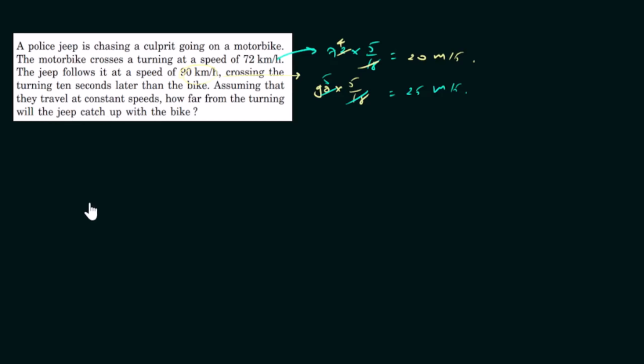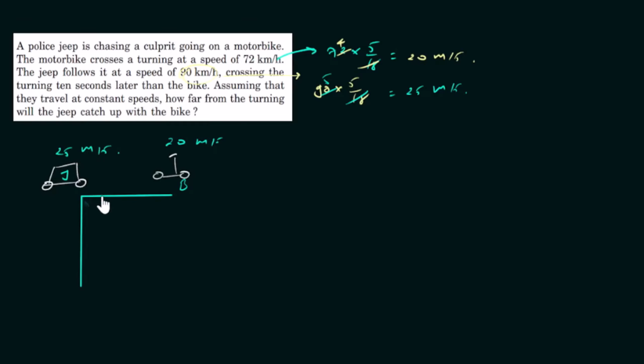So consider the turn like this. We have the motorbike here and the jeep here. The bike has a speed of 20 meter per second, and the jeep has a speed of 25 meter per second.